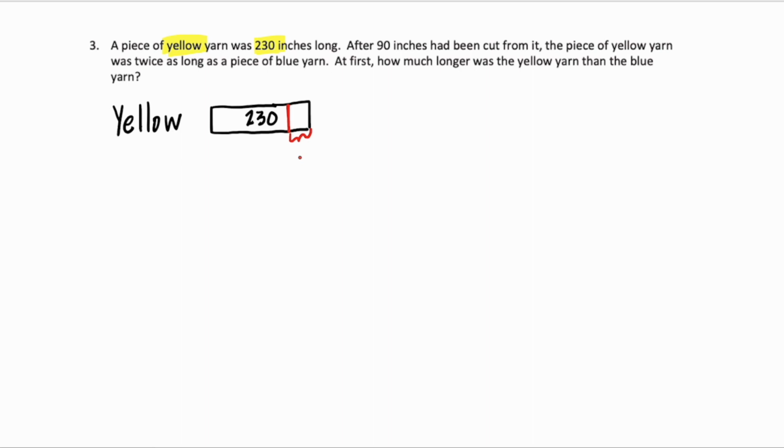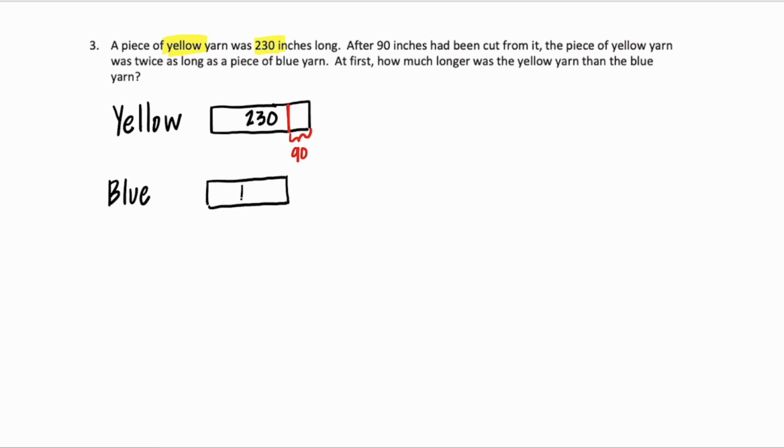So I'm going to cut off a piece of it and I'm going to write 90 underneath it. Then they say the piece of yellow yarn was twice as long as this blue yarn. So let's do blue. And the yellow is twice as long as the cut off part, right? I'm sorry, the blue is twice as long as the cut off part.